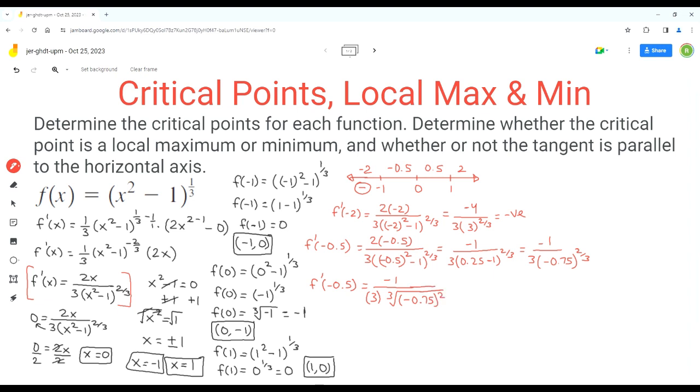So the square will make the -0.75 a positive term, and then we'll do the cube root of the positive term. That will give us a positive result. So in this case, the numerator will be a negative and the denominator will be a positive term. So the overall result will be a negative. So that means the function is decreasing between the critical numbers -1 and 0.